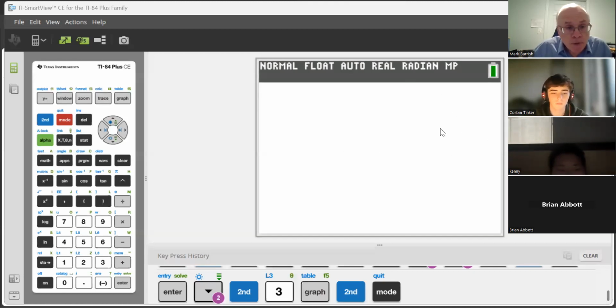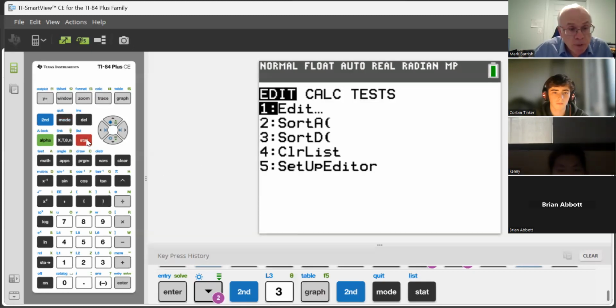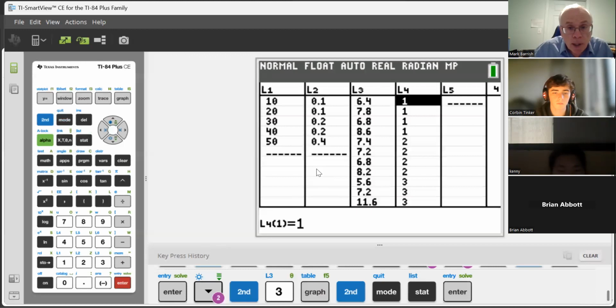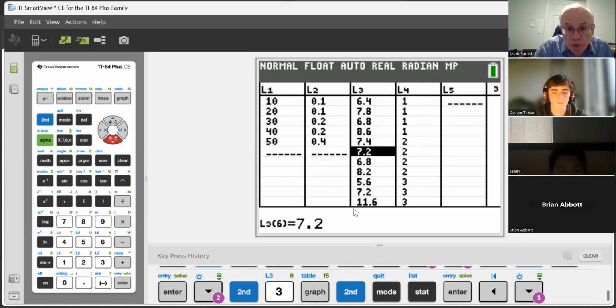Okay. So what I'm going to do now is share with you the list that I came up with. I think we did one of them right at the end of the period for the sampling distribution. And in L3, in my calculator, I have the 12 means. These are the sample means for the 5 cards that each person selected. So these are the averages of those 5 cards for those 12 people. All right.